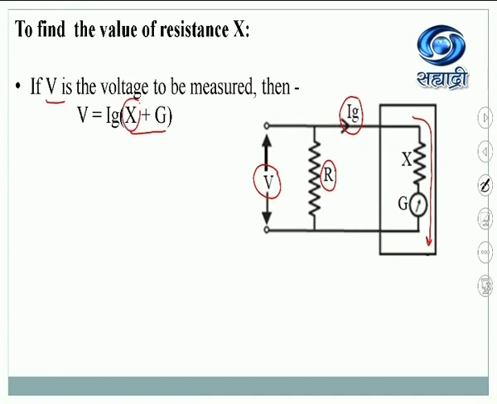What is this X? It is a high resistance connected in series with the coil of the galvanometer, remember.